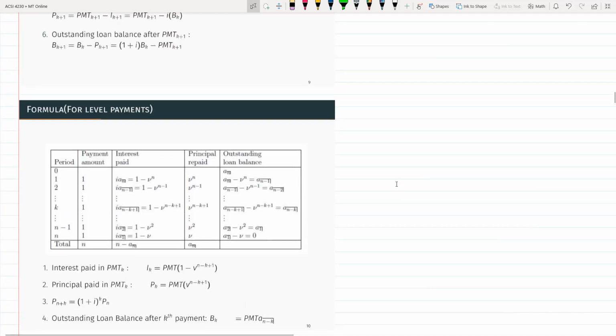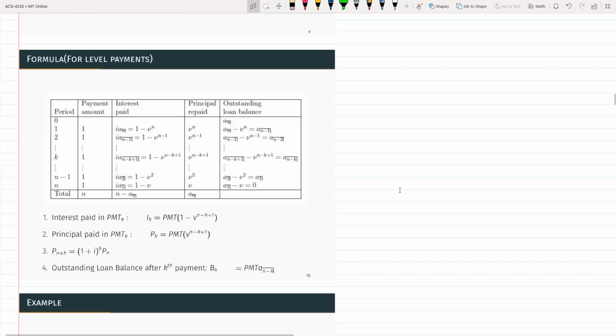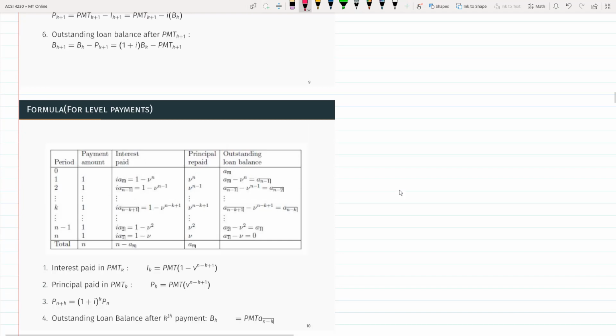So you can see if you make level payments, you can start to use these annuity formulas. So let's say you borrowed a loan for n years, and your payments are $1.